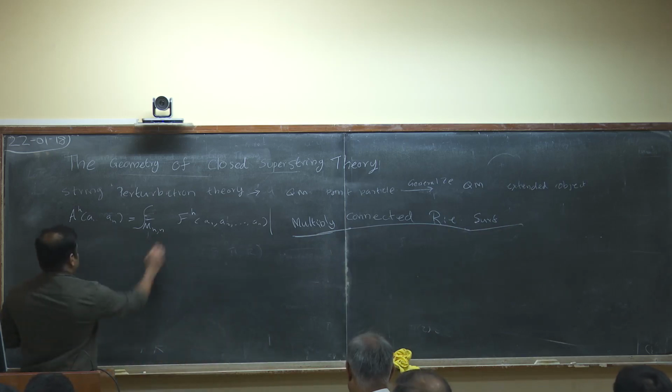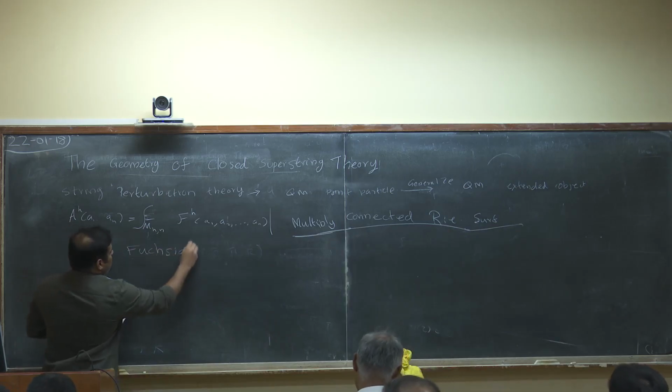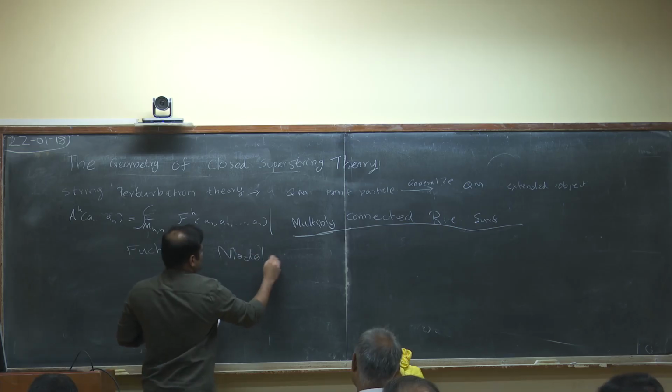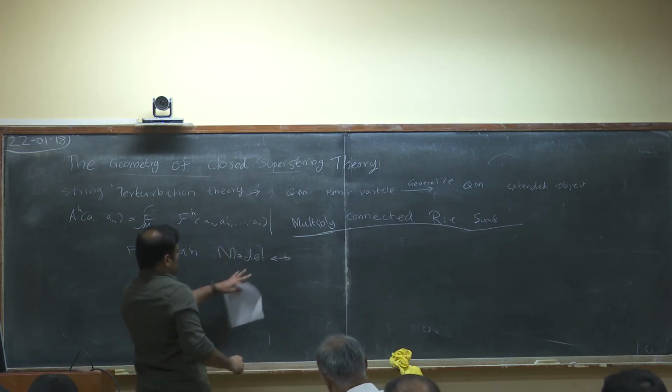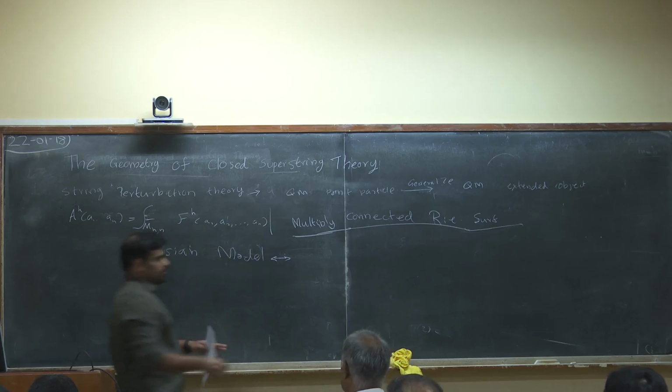So now I am going to explain something called the Fuchsian model of a Riemann surface, which is related to hyperbolic Riemann surfaces, which admit a hyperbolic metric only.